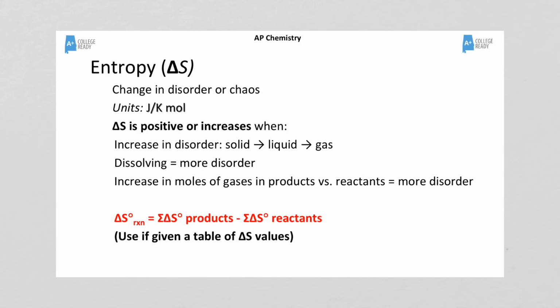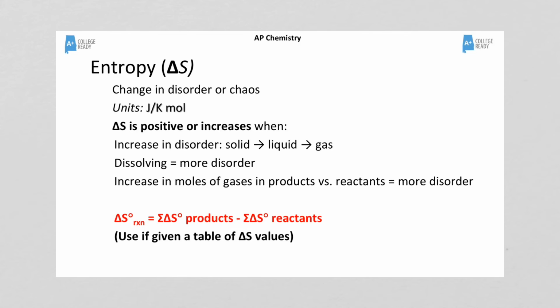Delta S is positive, or increases, when there's an increase in disorder, like a solid forming a liquid, or a liquid forming a gas. Dissolving an ionic solid in water is increasing disorder, since now you have aqueous ions.